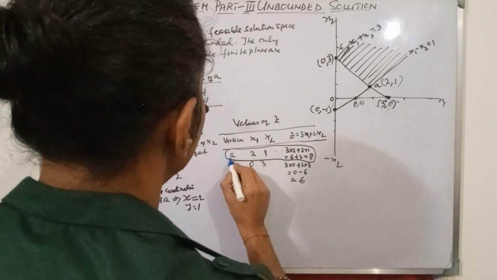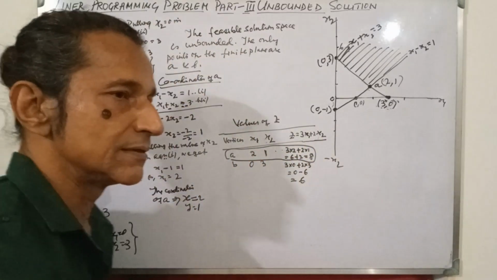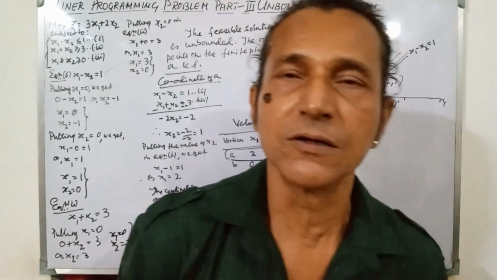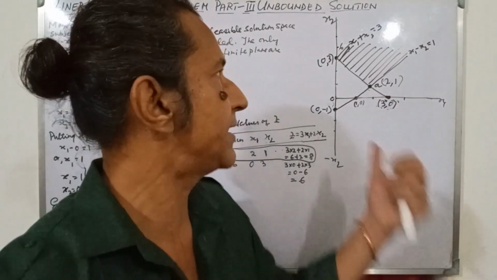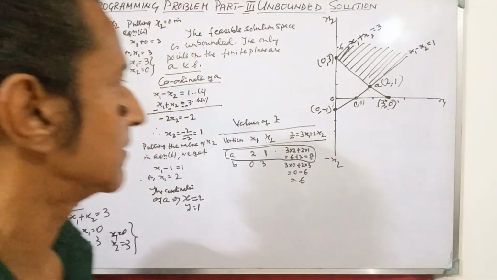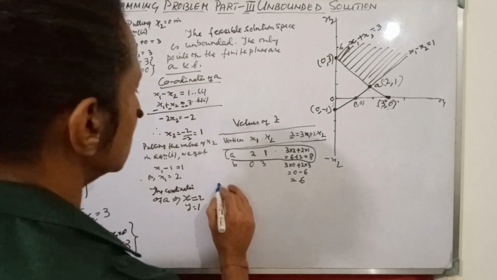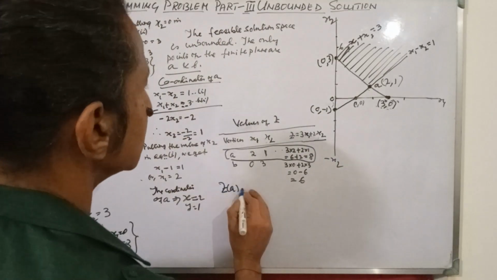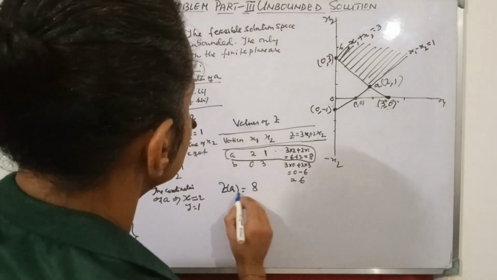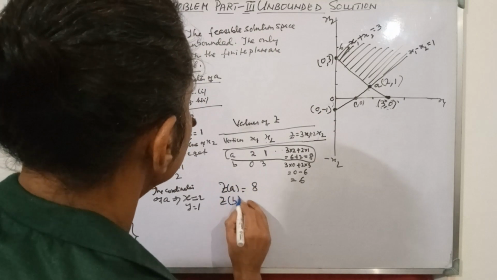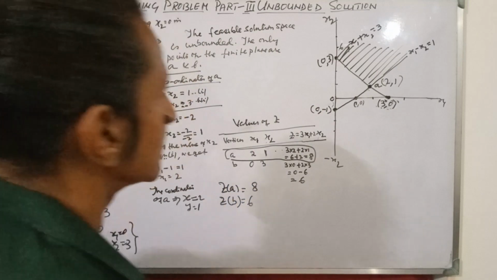Prima facie the maximum value is at A, but Z is not at maximum at coordinate A, right? So we have found ZA equals 8 and ZB equals 6.